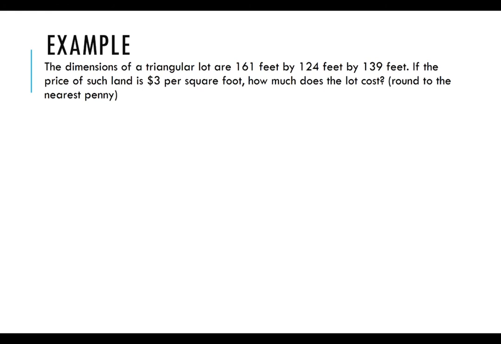So, notice that since we have a side, side, side, we're going to use Heron's formula. So I need to find the semi-perimeter, which is 1/2 of A plus B plus C, or 161 plus 124 plus 139, which I get to be 212.